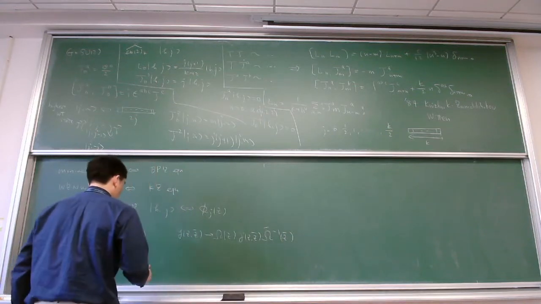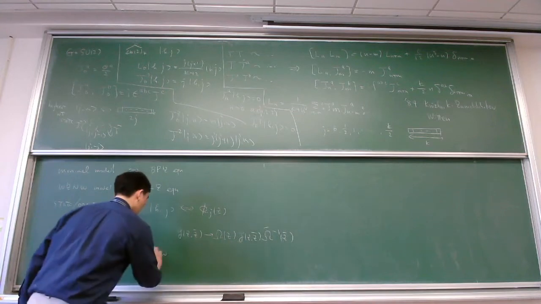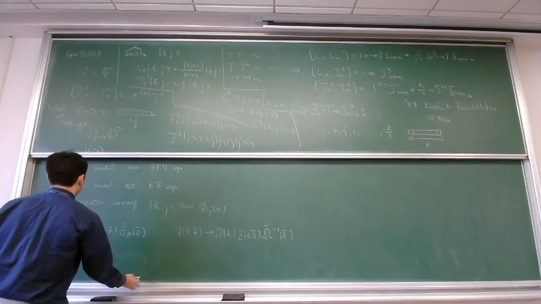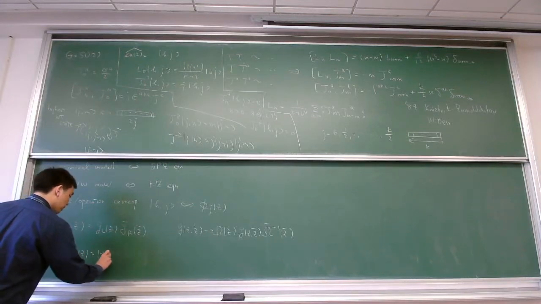And then we know that this one is indeed equal to capital omega. So you just write down like this, the infinite decimal transformation.